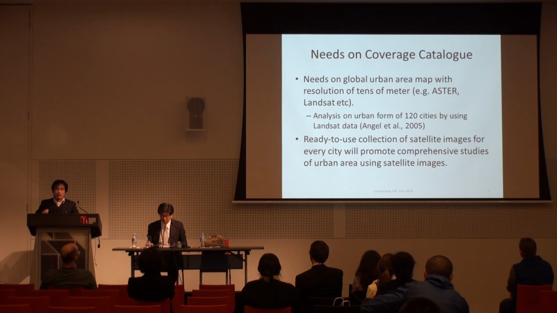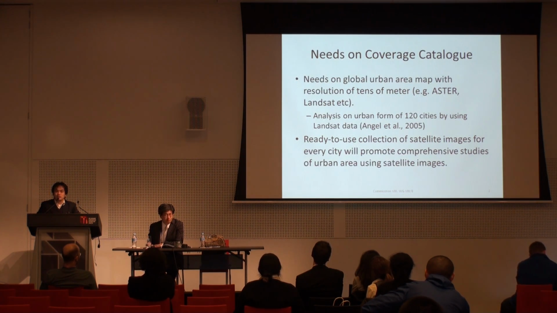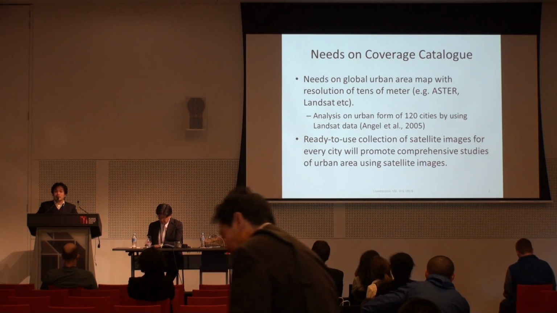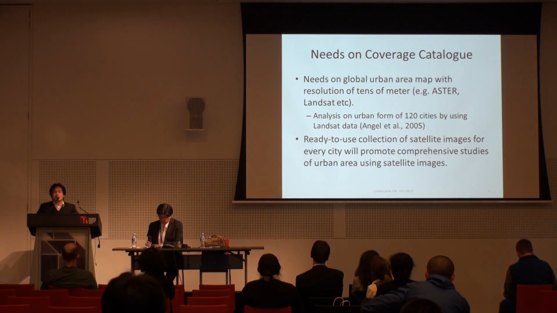Then, as you know, selecting satellite data is very time-consuming because of cloud contamination. Also, some large cities can be over the extent of the satellite data. So we have to consider a good combination of satellite data over the cities, also considering cloud contamination.